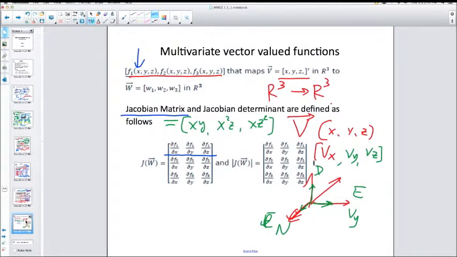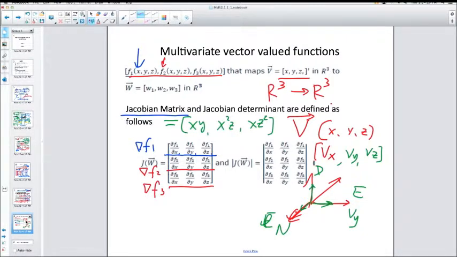You take a derivative with respect to x, y, and z. That's the gradient of the first function. The second row, you pick f2 and take the 3 partial derivatives. Then the second row is the gradient of the second function. So the third is the gradient of the third function.